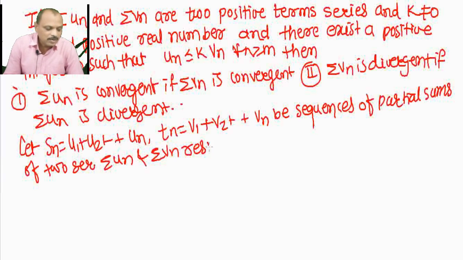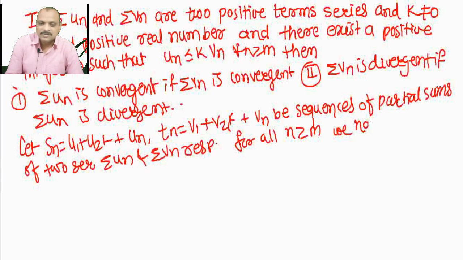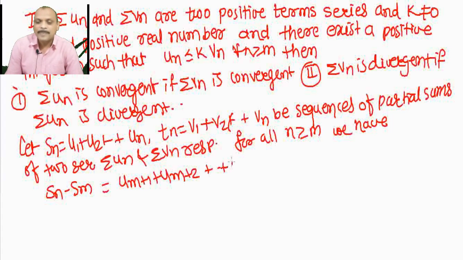Now for all n greater than or equal to m, you can see that Sn minus Sm equals um plus 1 plus um plus 2 plus up to un.